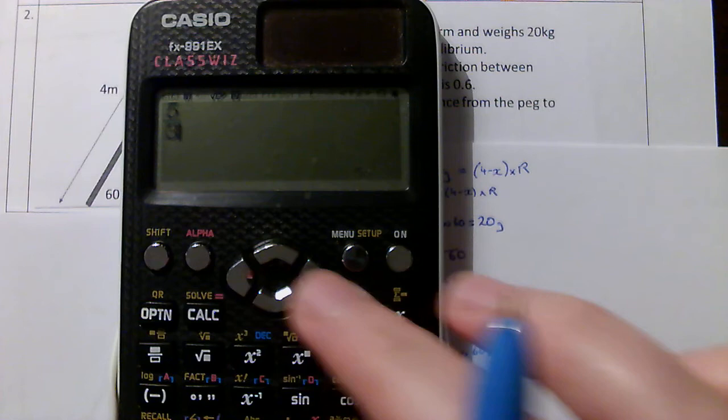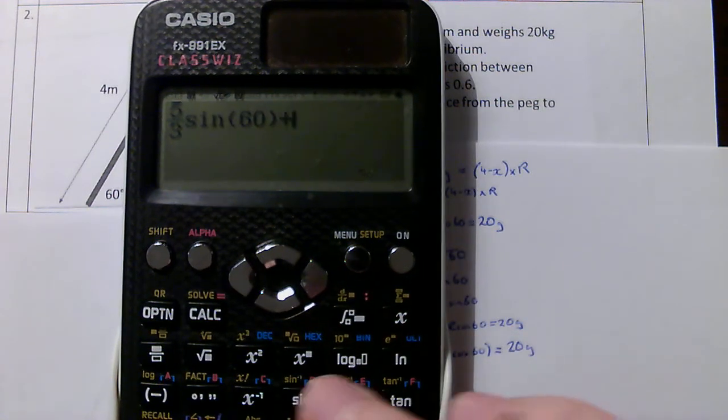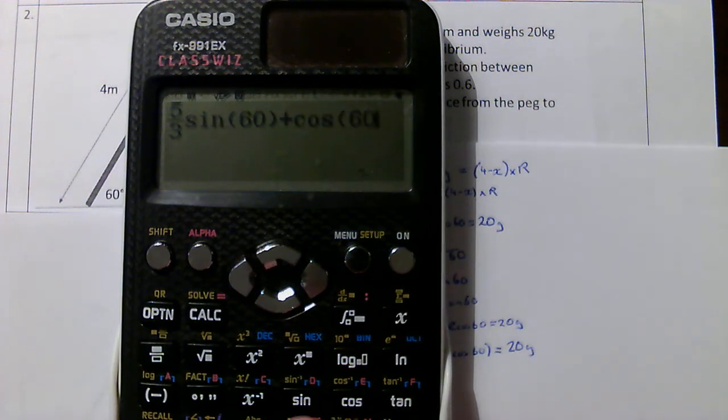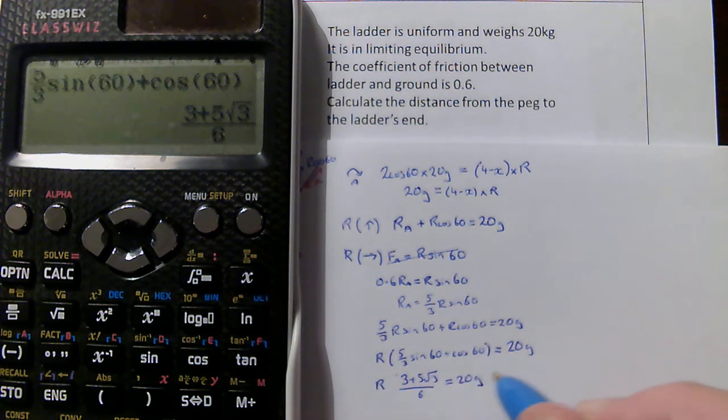That gives me 3 plus 5 root 3 on 6. So R lots of 3 plus 5 root 3 on 6 equals 20g. So therefore R equals 120g over 3 plus 5 root 3.